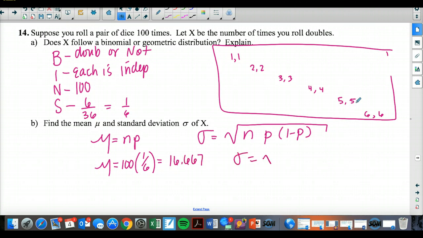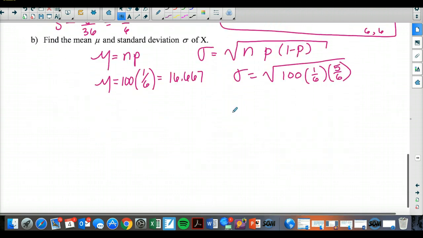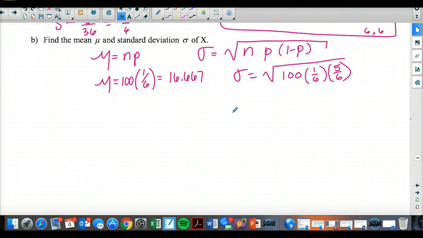And my standard deviation is the square root of 100 times 1/6 times 5/6, because that's success times failure. I get 3.727. Yes, we're good on using that. Good. It's on our reference sheet.